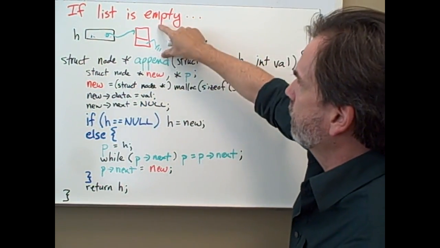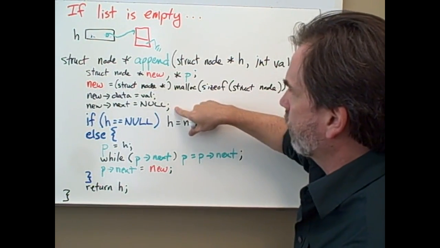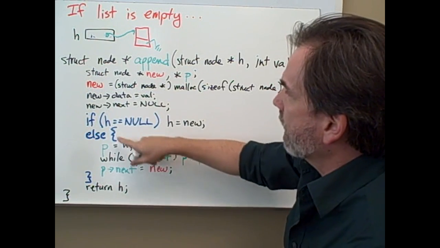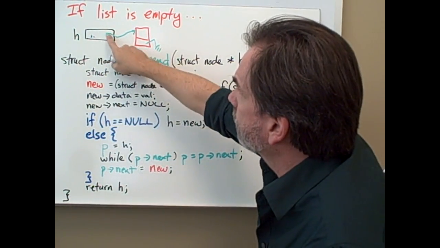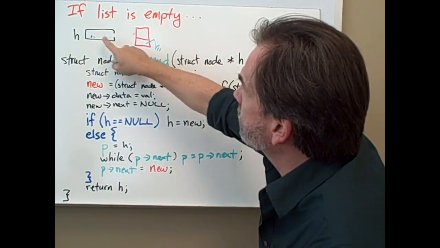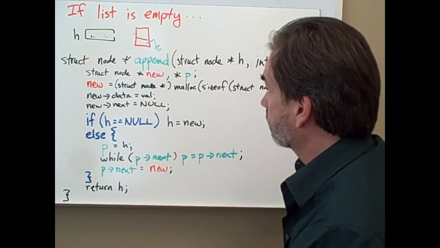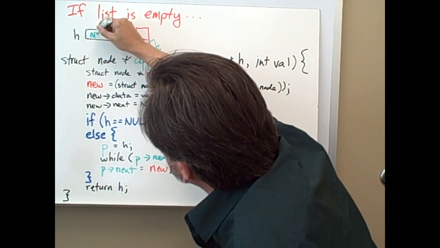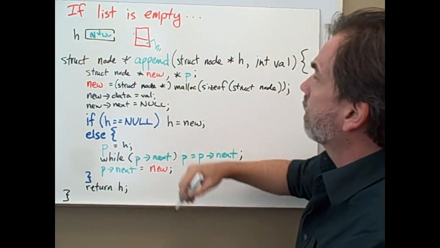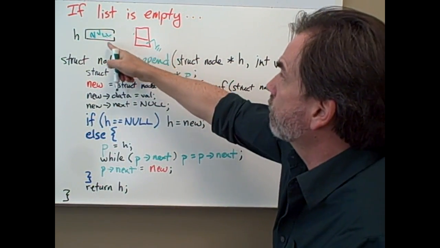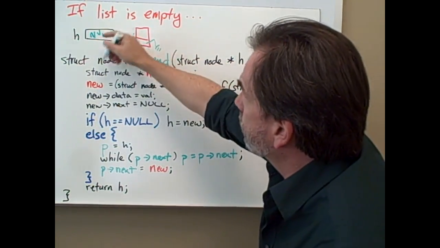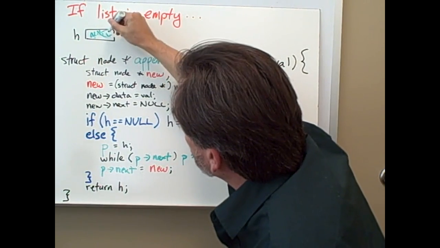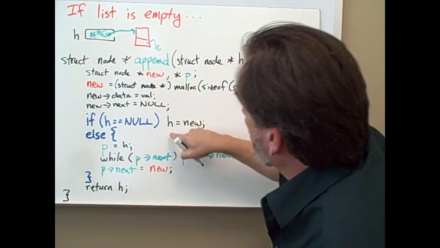So here we create the new node, we initialize it, we set its pointer to null. We have a special case. If h is equal to null, which it was originally, then the special case is we just want new to be the new value of h. So we want h equals new.